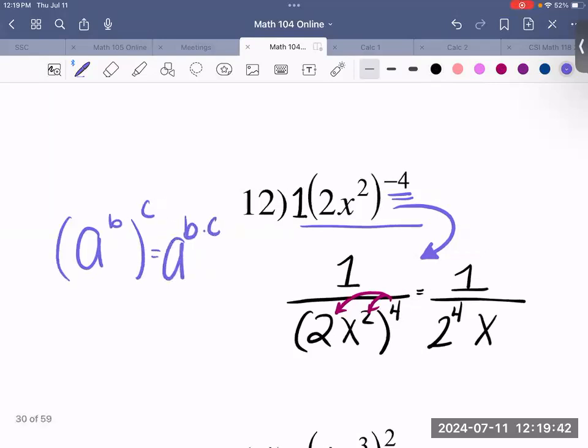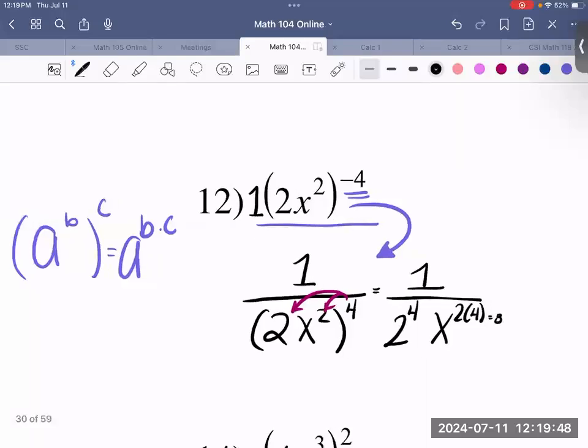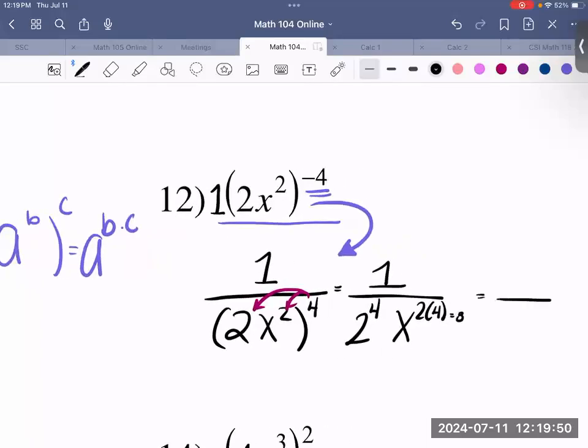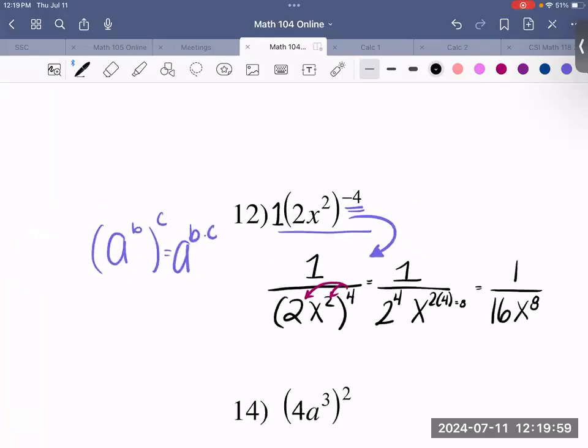So in our case, we're going to multiply 2 times 4 to get 8. So your final answer is 1 over 16x to the 8. So anytime a power is now being raised to another power, we're going to multiply those exponents.